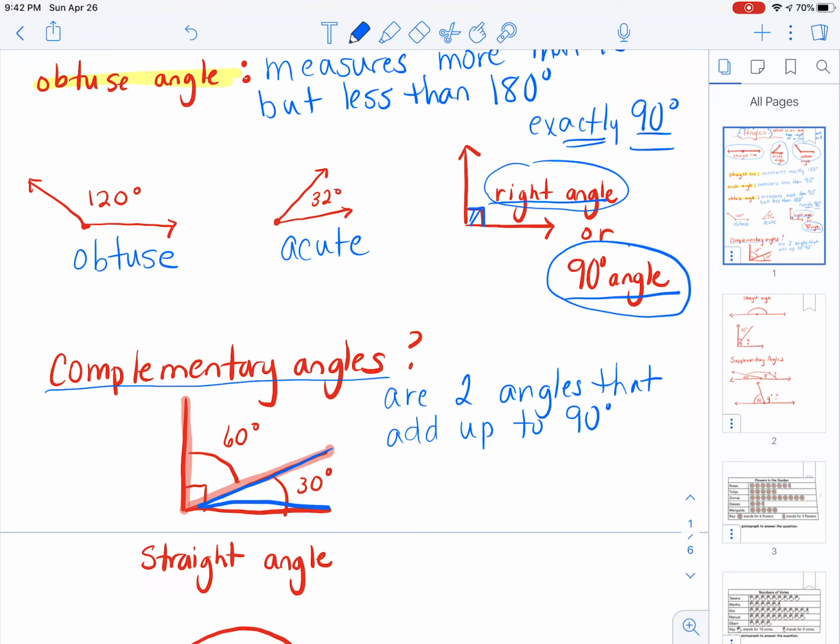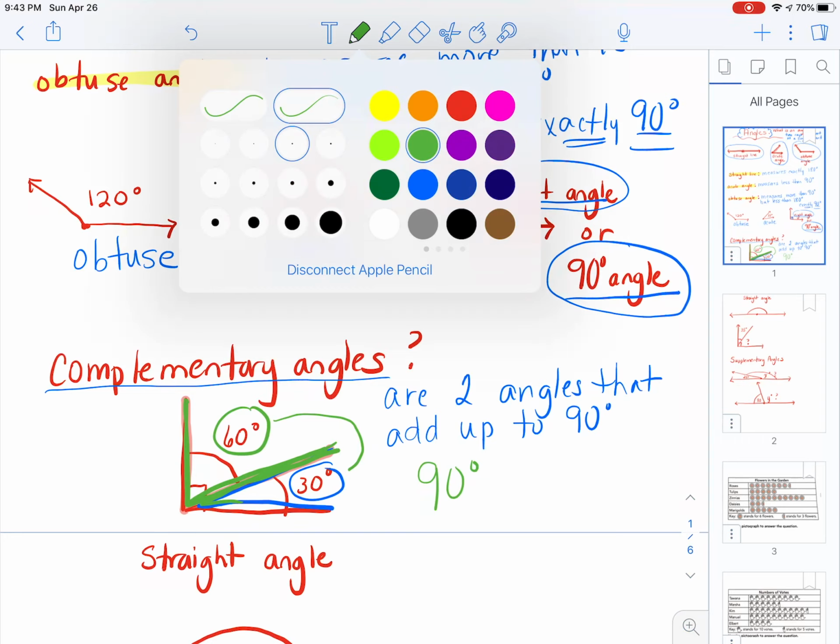So this angle, which is 30 degrees, I'll get my green one, and this angle, which is 60 degrees, because added together they equal 90 degrees, I can say the green angle and the blue angle are complementary angles because they add up to 90 degrees.